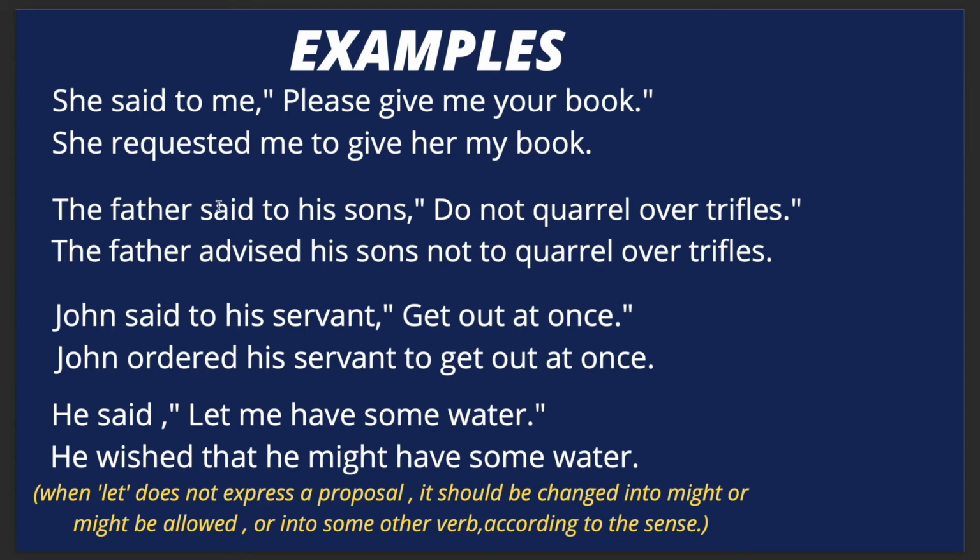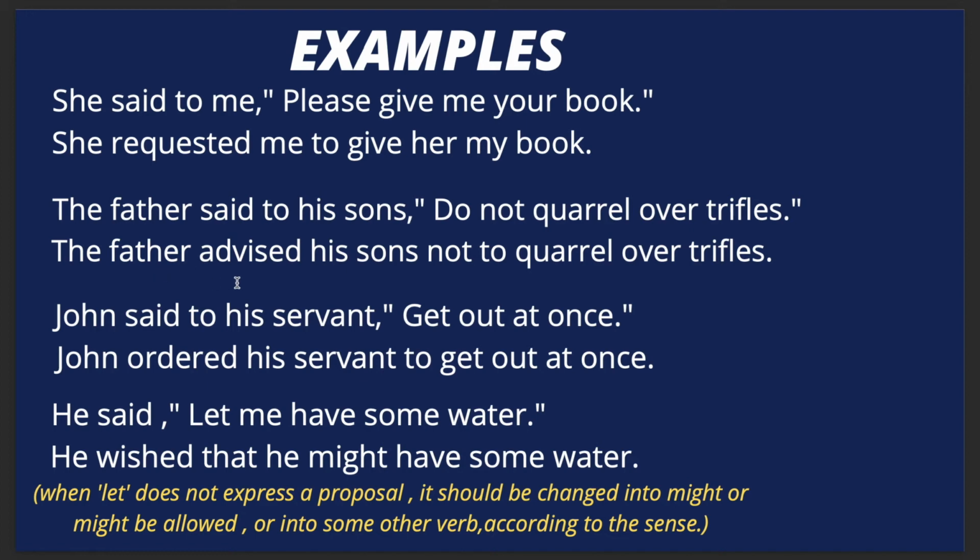The father said to his sons, "Do not quarrel over trifles." So it's a kind of advice the father is giving to his sons. We easily come to know that it's advice which a father is giving to his sons. So as soon as we come to the conclusion that advice is being given, we have to replace this reporting verb with the word advised.